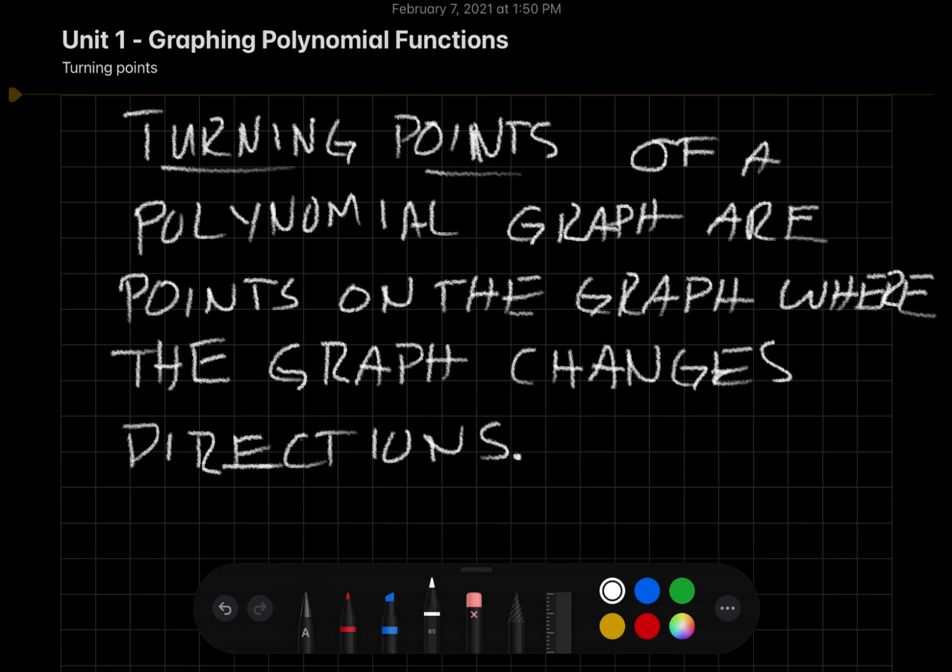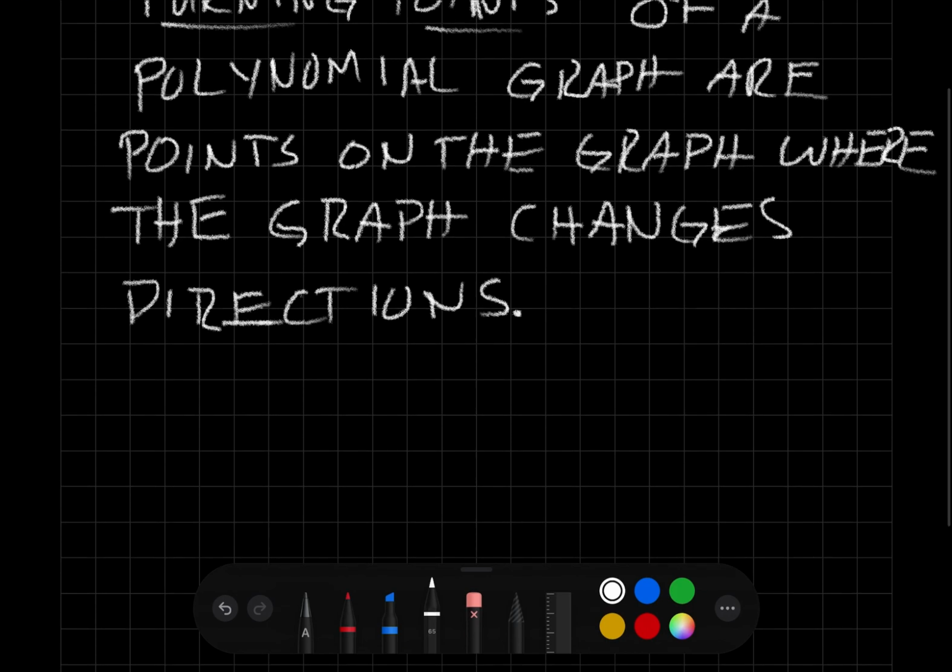So either it moves from increasing to decreasing or from decreasing to increasing, it's going to change directions.